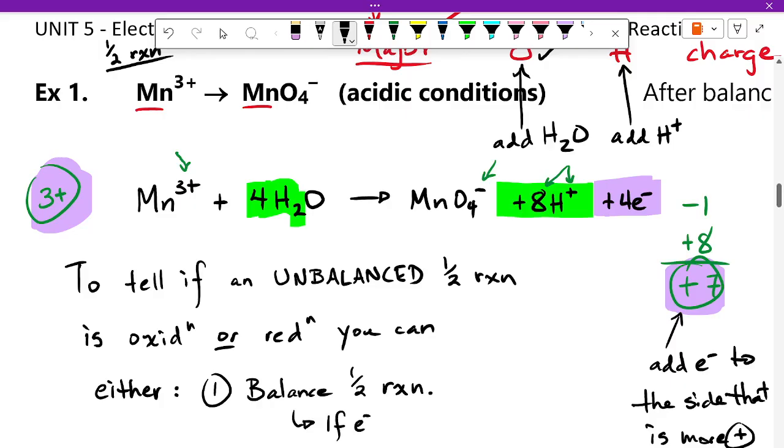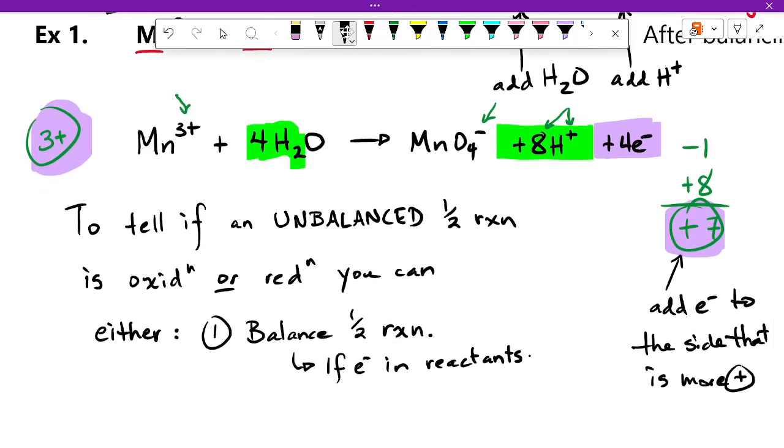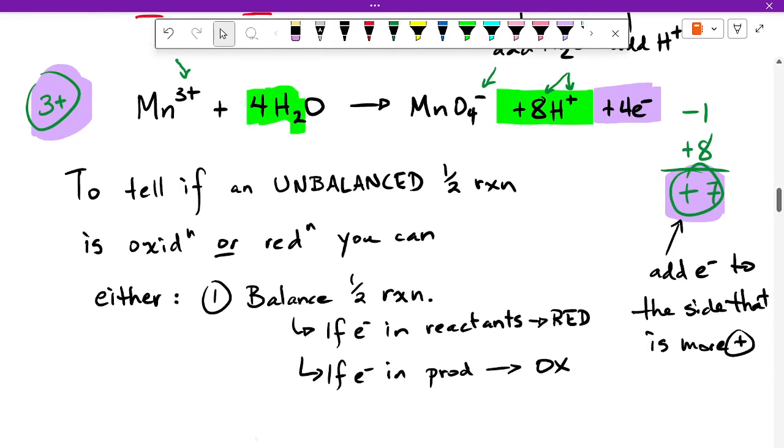If the electrons are in the reactants, that would be reduction. If the electrons are in the products, that would be oxidation.